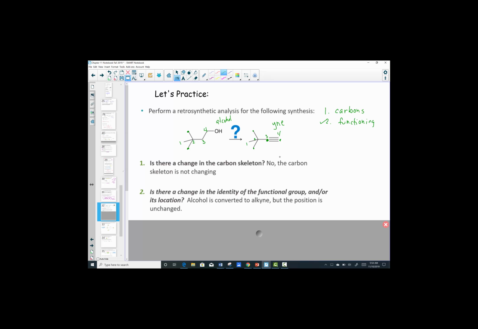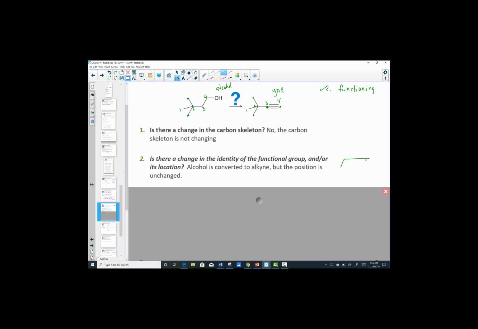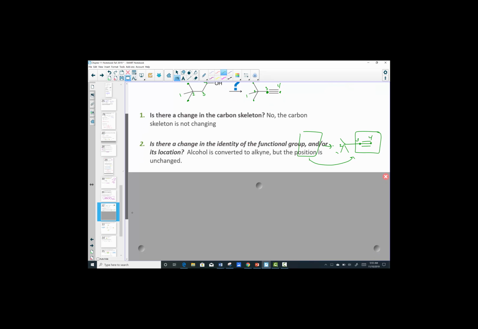In other words, how do I make an alkyne? That's my first question to myself. Thinking about, if this is the structure I need to end with, here's the 2 methyls coming out, carbon 1, 2, 3, 4. My question is, what do we need to make this? So as I think backwards, I'm thinking, what is in this box that would give me a terminal alkyne?